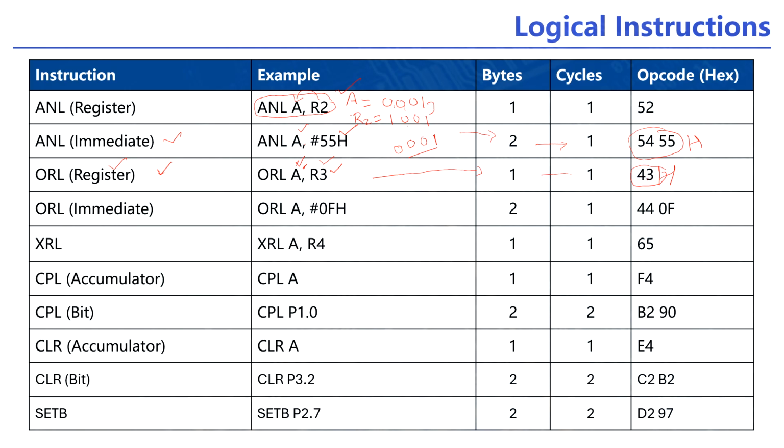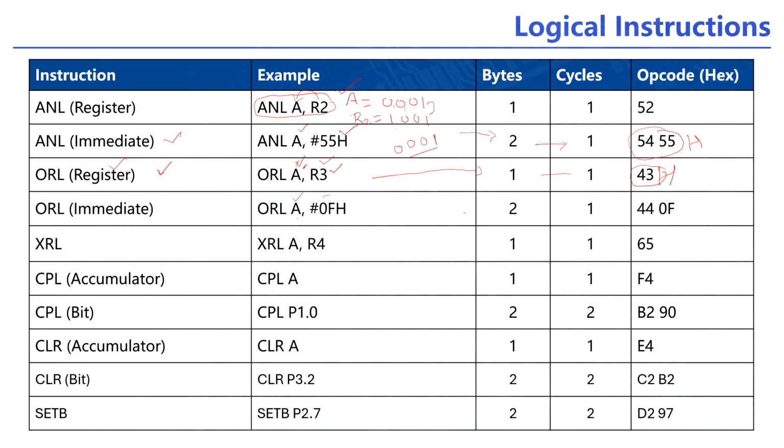Now we can use here another instruction, OR logic immediate. Here we are using the immediate. A, that is the accumulator. Accumulator must be there in the destination part, otherwise this instruction will provide the error.